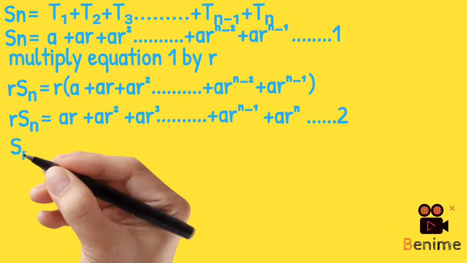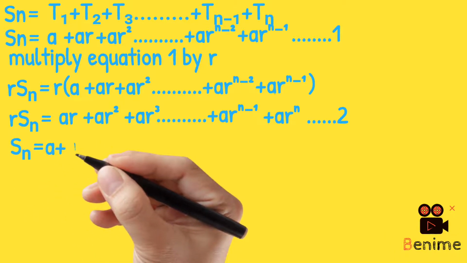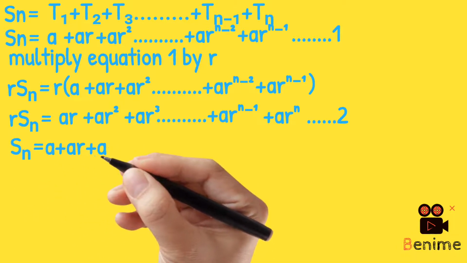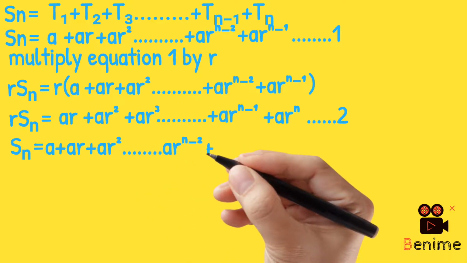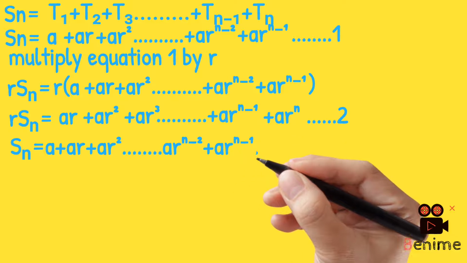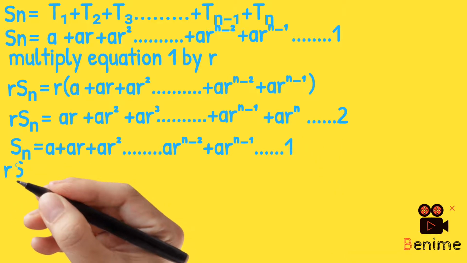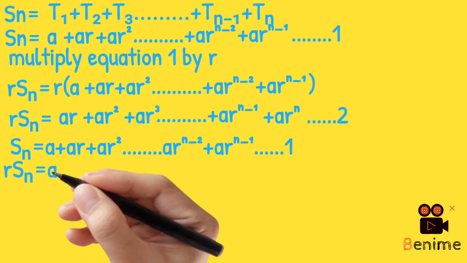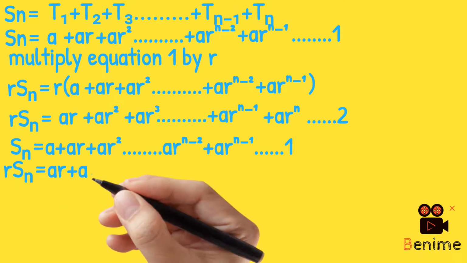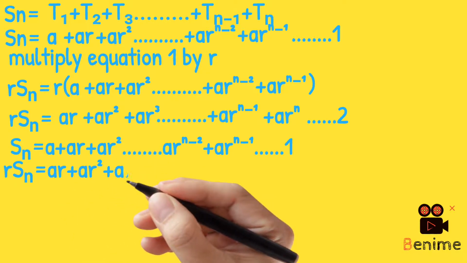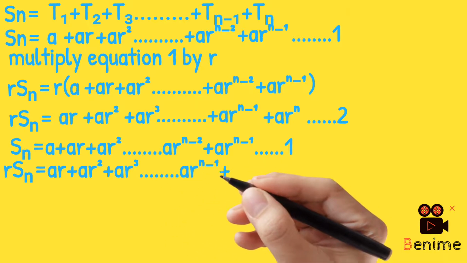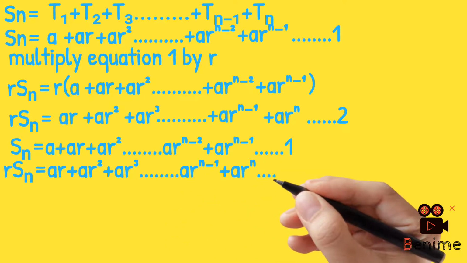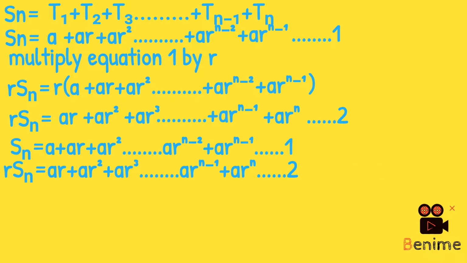The first equation is Sn is equal to a plus ar plus ar raised to the power of 2, and so on until you get to ar raised to the power of n minus 2 plus ar raised to the power of n minus 1. That's equation 1. Equation 2 is rSn is equal to ar plus ar raised to the power of 2 plus ar raised to the power of 3, and so on until you get to ar raised to the power of n minus 1 plus ar raised to the power of n. This is equation 2.